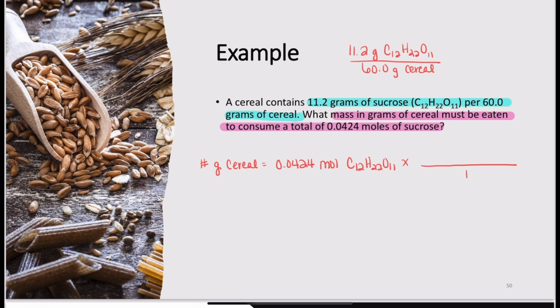I need to cancel out my moles, C12H22O11, and get to grams, C12H22O11. Why? Well, I need grams of sucrose so I can use the conversion to get to grams of cereal. I can't convert straight to grams of cereal. I don't have a numerical value for that, right?